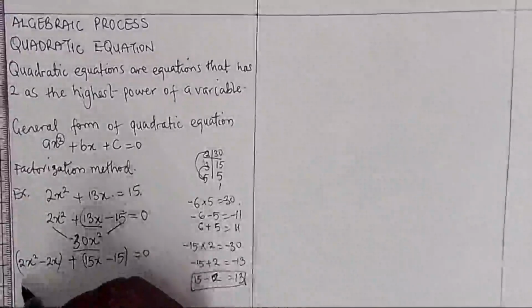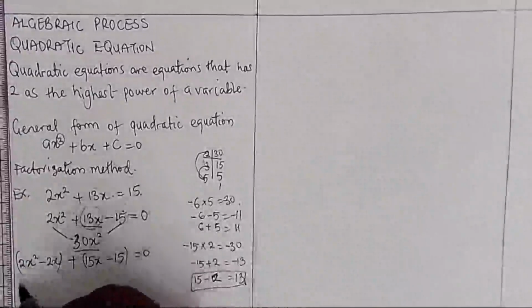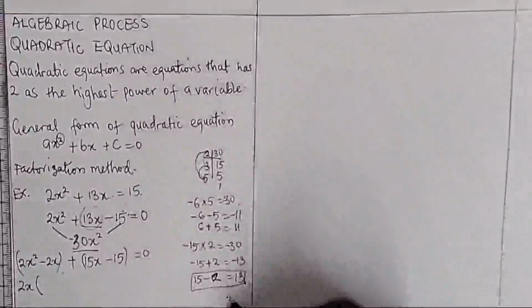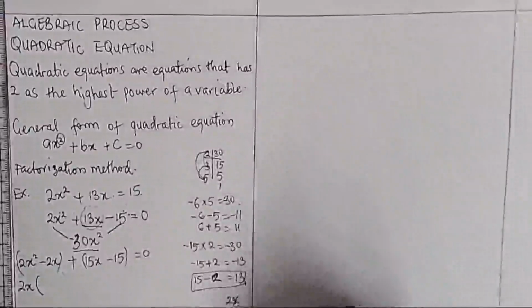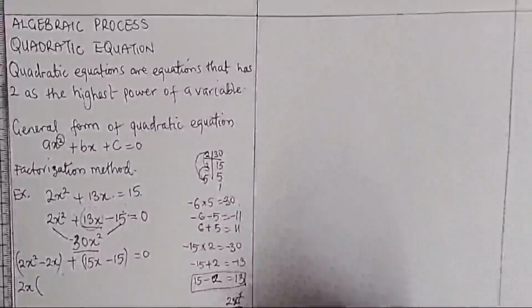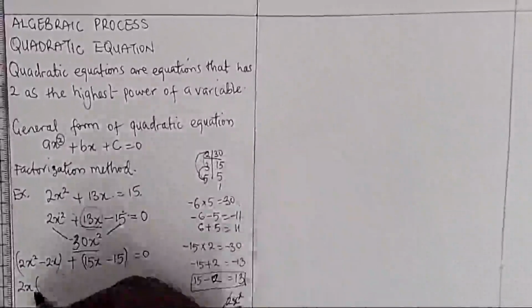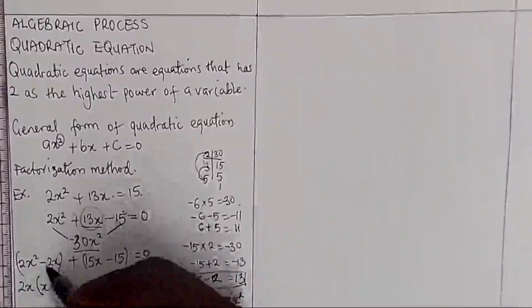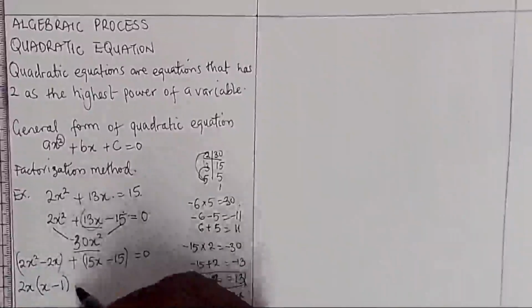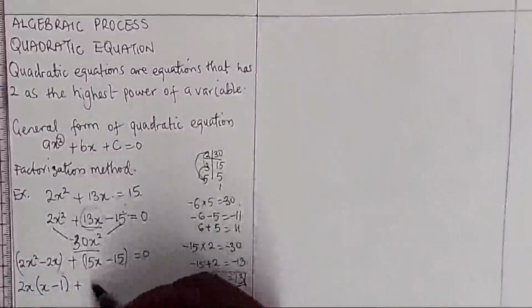The common number and variable here is 2x. 2x divided by 2x, the x will cancel one of the x, the 2 will cancel, so we are left with x. Minus 2x divided by 2x is 1, plus what is common here is 15.